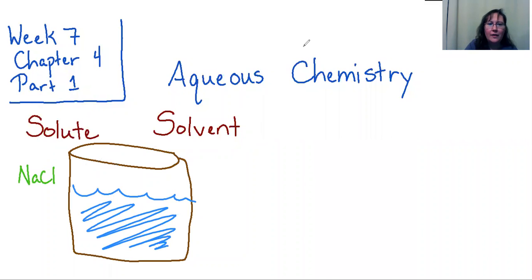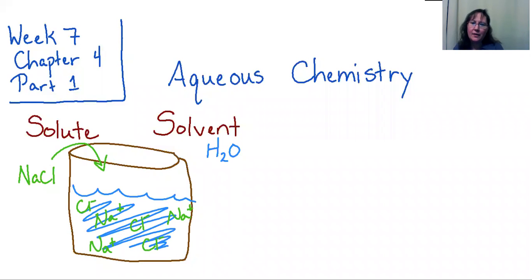Our solvent here is water, H2O. Now when we put our salt, or our solute, into here, it comes apart and we'll have sodium ions and chloride ions all floating around. So that's one example of a solute in a solvent.